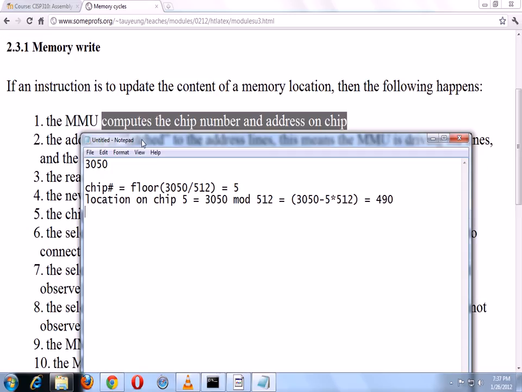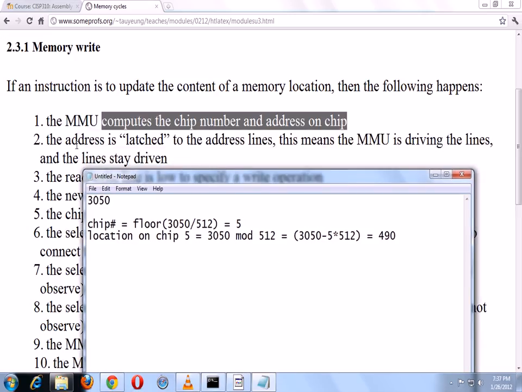Okay. Next, the MMU is going to latch the address onto the address lines. In other words, the MMU is going to, quote-unquote, drive the state of the address lines. It will output high and low voltages, and the memory chip is being passive. It's only listening to the address lines.